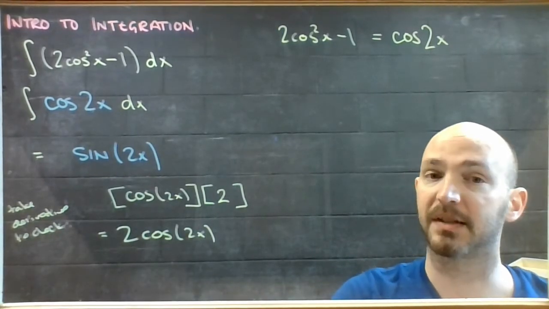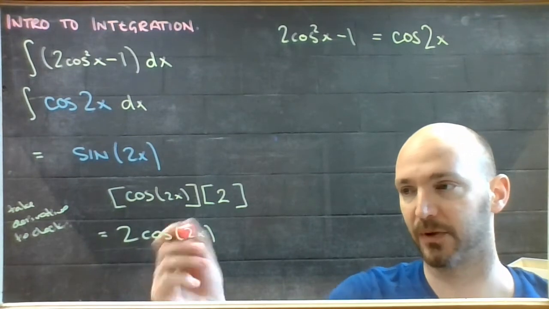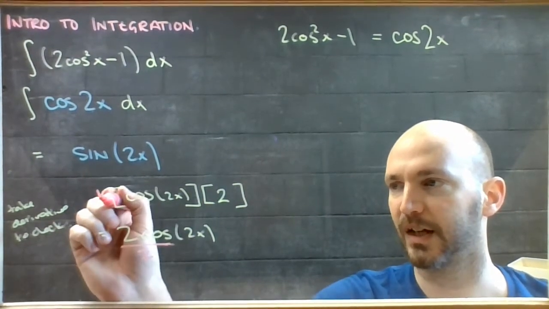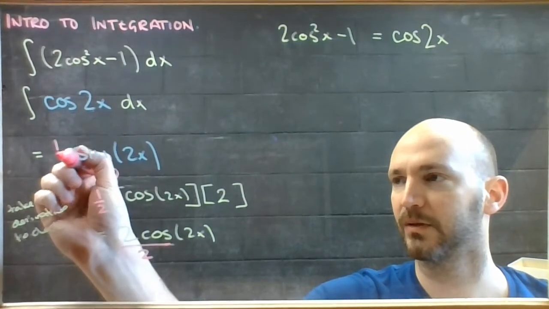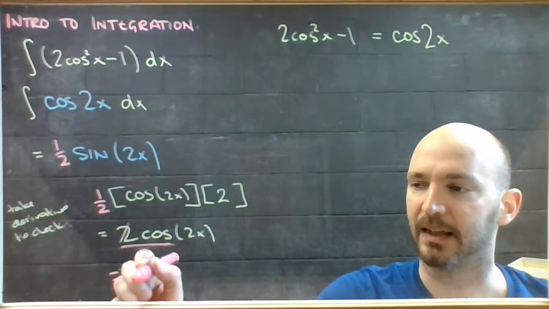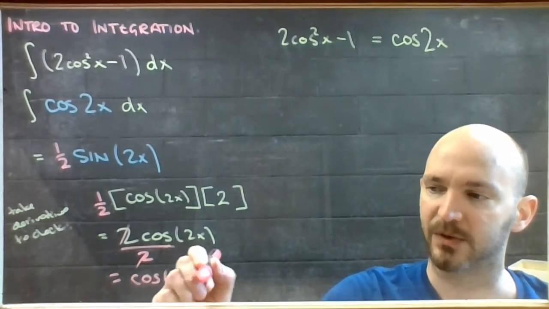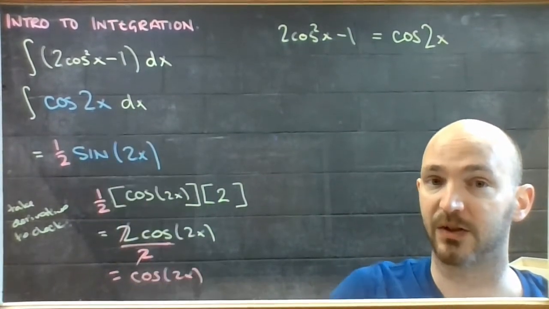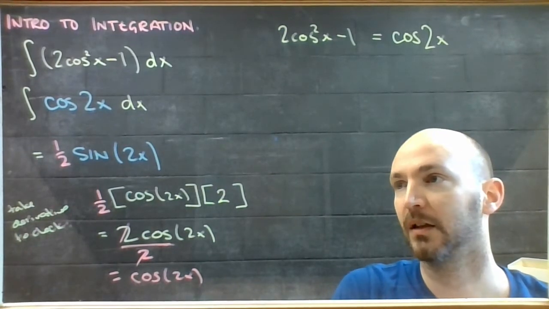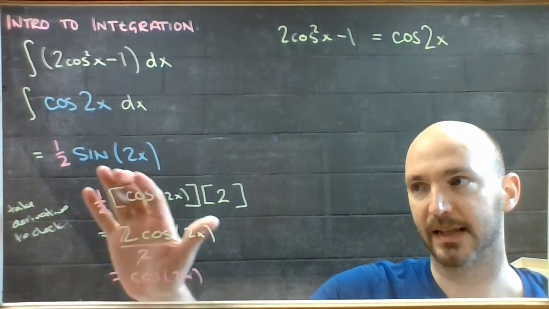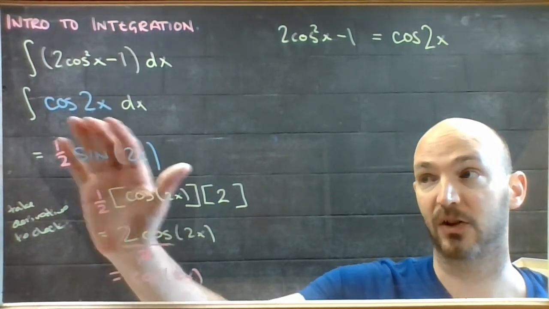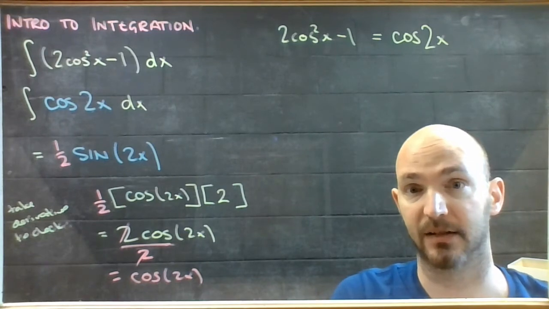So we're going to use the same technique as we did in the last example. I'm going to take this thing and introduce a division by 2 so that this divides out this and leaves me with cosine of 2x, which is the function I was trying to integrate in the first place. So that's good. So what I figured out is that 1/2 of sine 2x is the function that gives me cosine 2x as its derivative.